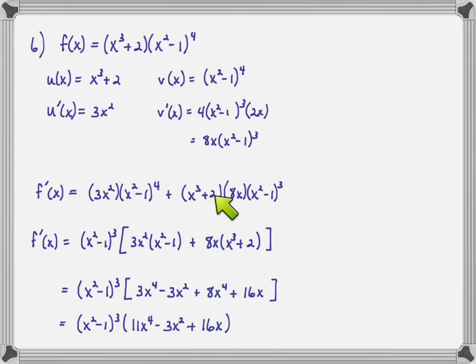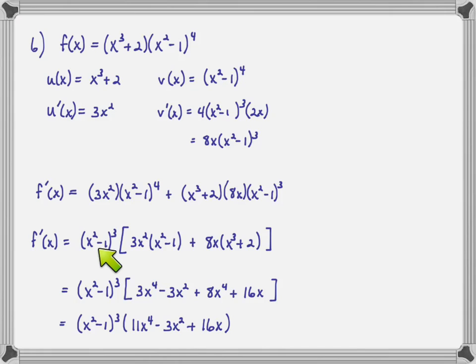First of all, rather than distributing anything, we can just notice that we can go ahead and factor out (x^2 - 1)^3, because we take the smallest power that is there, or in other words, the biggest one that's common to both terms, and in that case that would be (x^2 - 1) to the third.